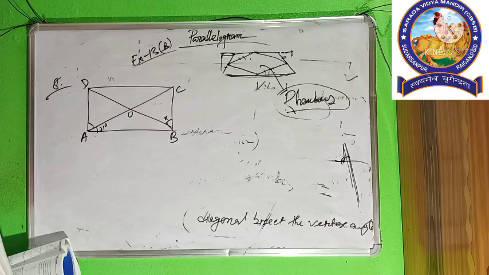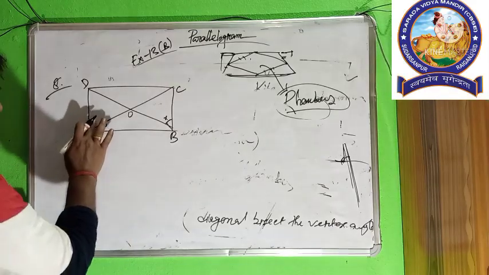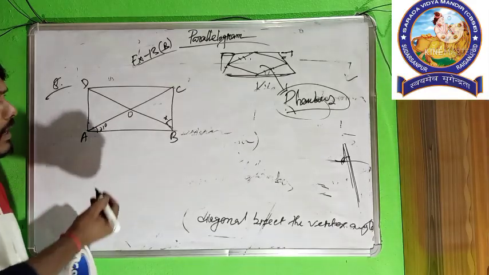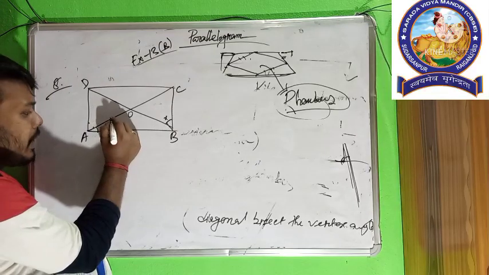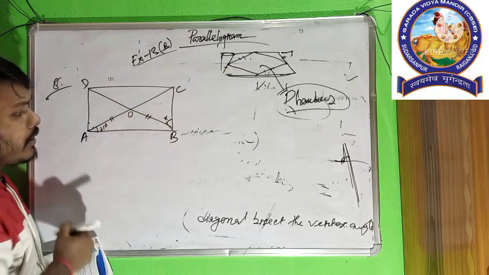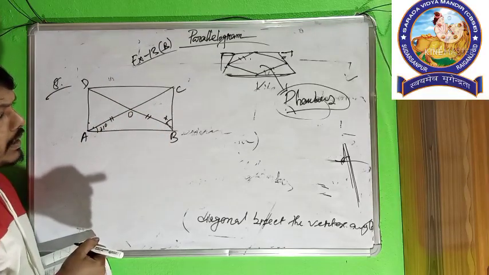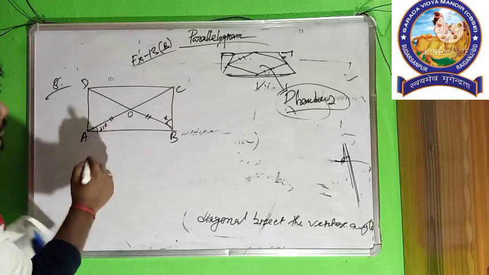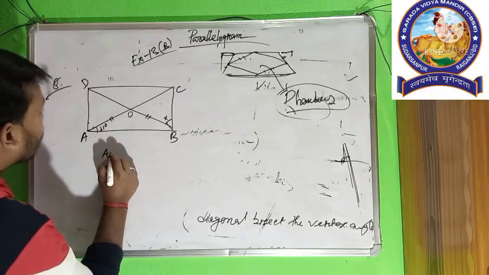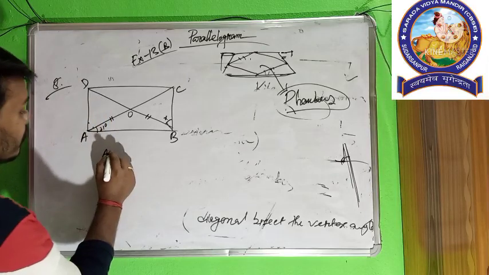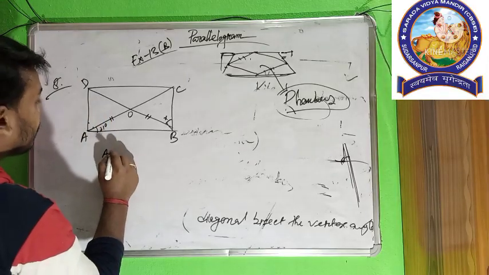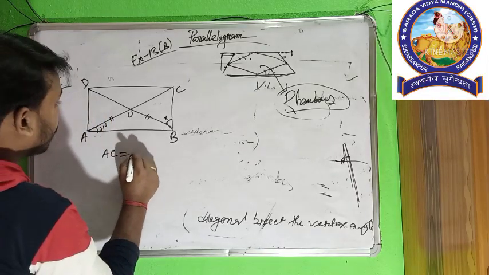Okay, very easy. No need to solve in this way. So diagonals bisect each other, so the value of this one and this one is equal. In case of a rectangle, diagonals are equal. AC equal to BD.